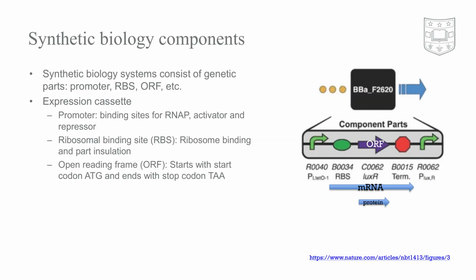Synthetic biology systems are designed using standardized genetic components that work together to create a functional biological system. These components include promoters, ribosomal binding sites, open reading frames, and other regulatory elements. At the core of these systems is the expression cassette, which consists of three main parts. The promoter serves as a binding site for RNA polymerase and can be regulated by activators or repressors.